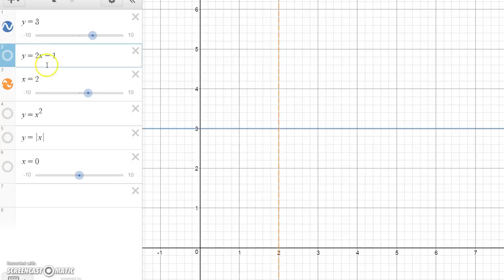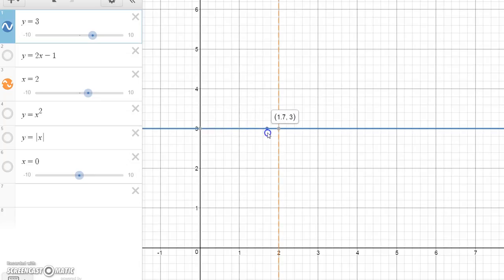So y equals 3 would be a horizontal line, right here. But you're only supposed to graph this line up to 2, because remember it said y equals 3 if x is less than 2. So you're only going to get this portion over here, the portion to the left of 2, not the portion to the right of 2.